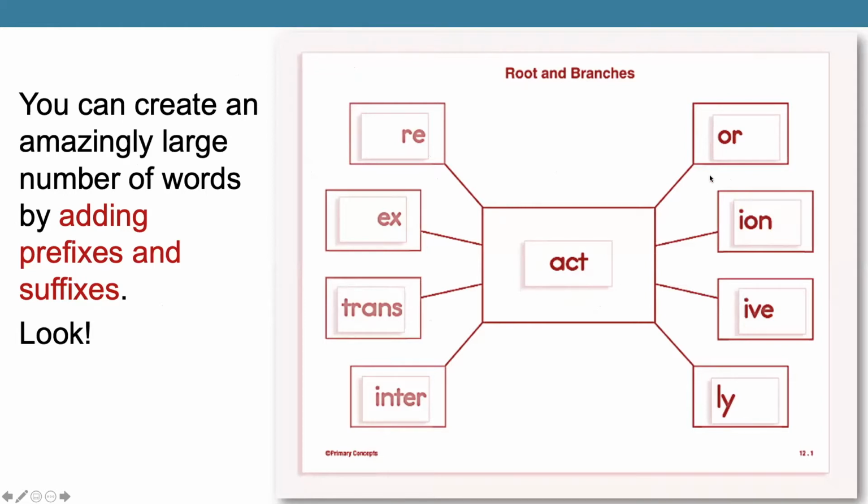But you can also add suffixes like actor, action, active, actively, and in this case, you have gotten 4 more words. And they are no longer the same, but you can have adjectives, or you can have adverbs, or you can get some other nouns, or even some other adjectives.